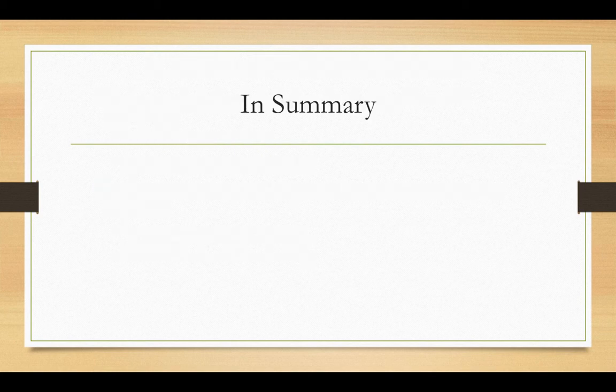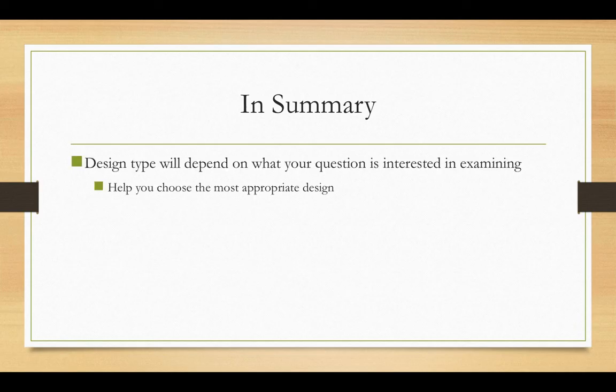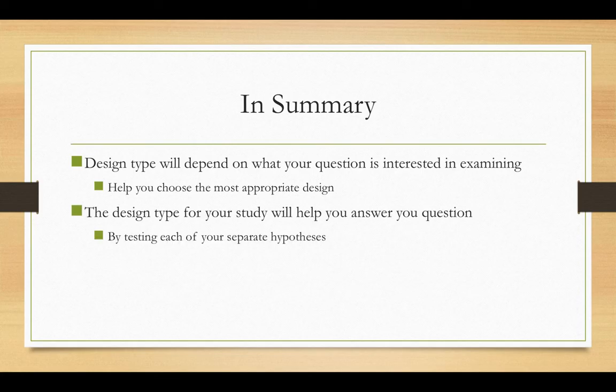So, just to quickly summarize what we've talked about in all these points, the idea of a research design is really there to help you answer your research question and test your research hypothesis. The purpose of a research design is not to be the purpose of your research study, but rather its purpose is to help you answer your question through the testing of your hypothesis. Now realize that you may have multiple research questions within your research study.